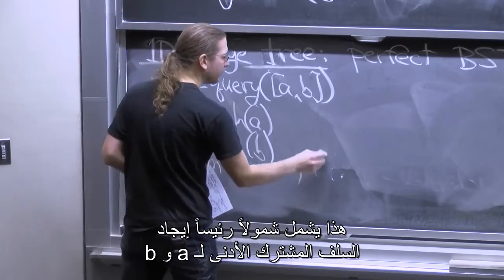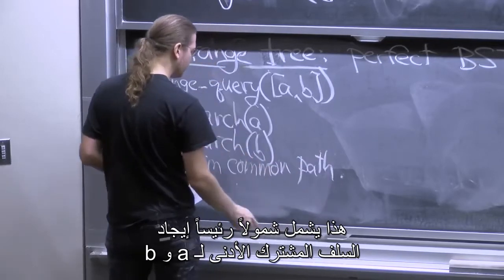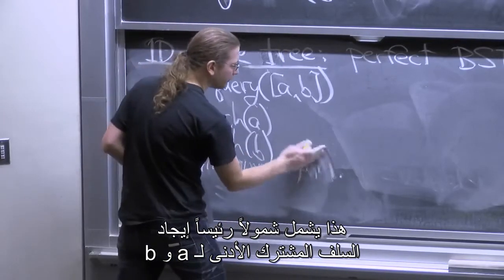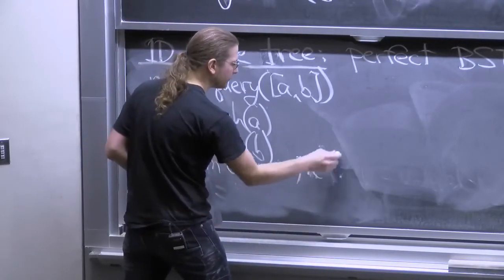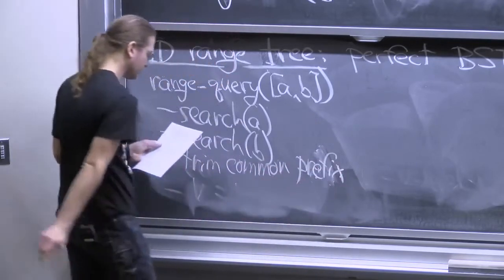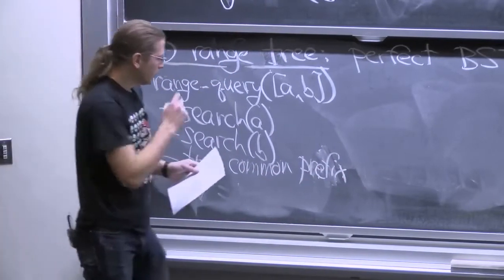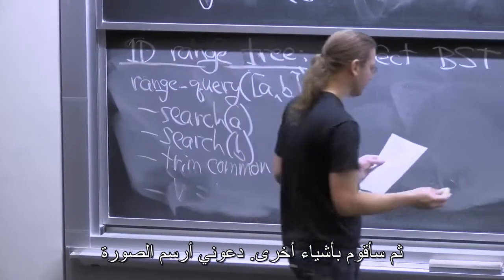That's basically finding the lowest common ancestor of A and B. And then I'm going to do some stuff. Let me draw the picture.